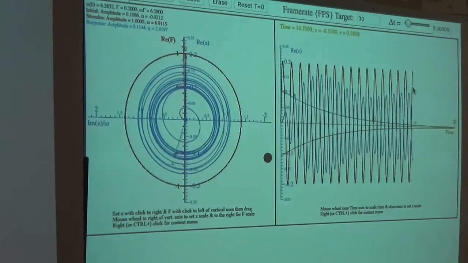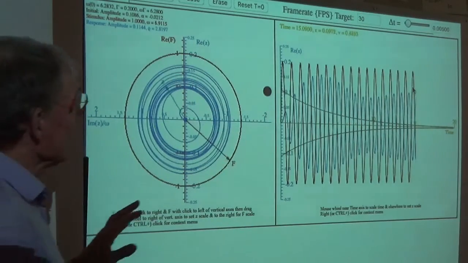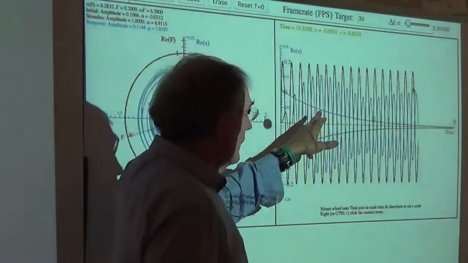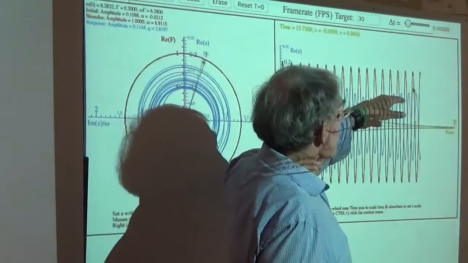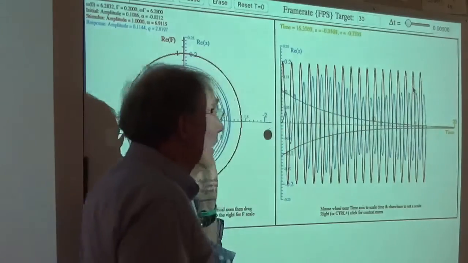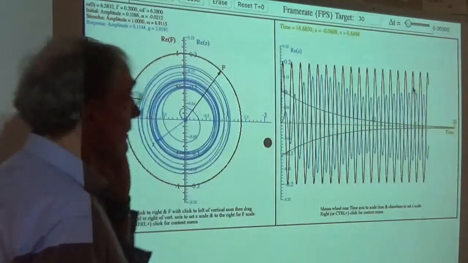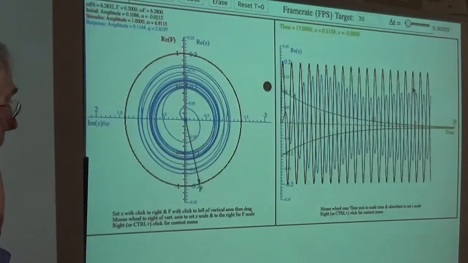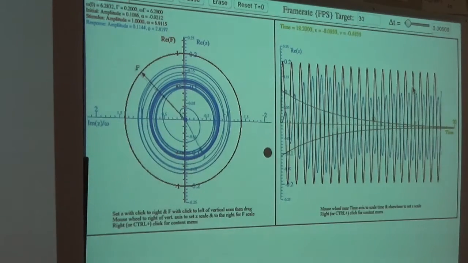And you can see that from this point on, the oscillations of the transient will be less than 5%, decaying to really less than 5%. And by the time it gets to the edge of the screen there, it looks like it's only about 20 or 30 pixels of amplitude.